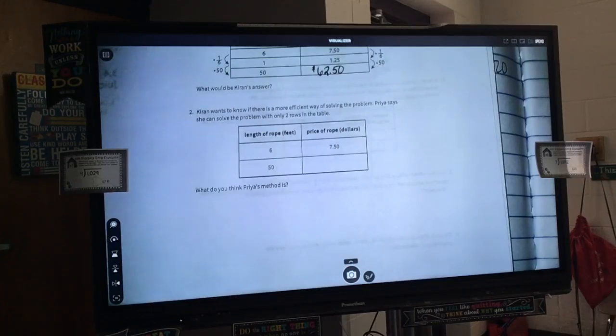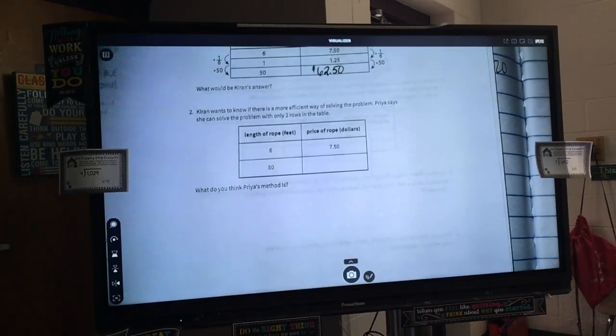Alright, as I walked around, the majority of you guys did division. Not everybody. But your first step was to divide, correct? Yeah. Okay. Question. How many of you guys divided 50 divided by 6?